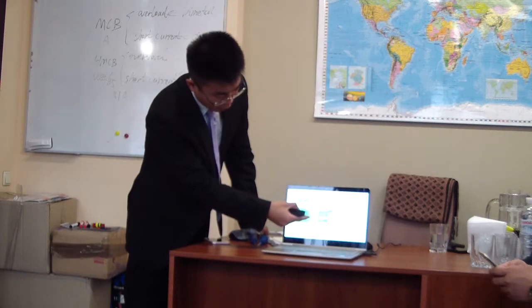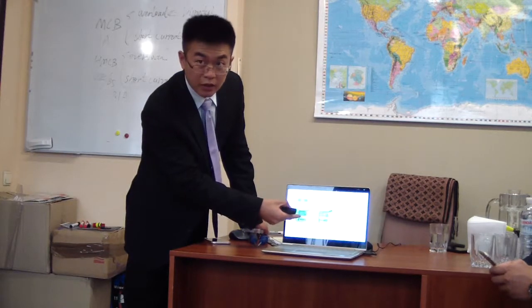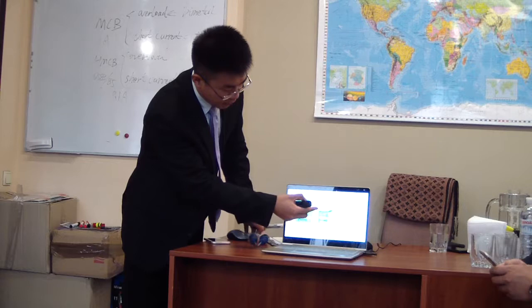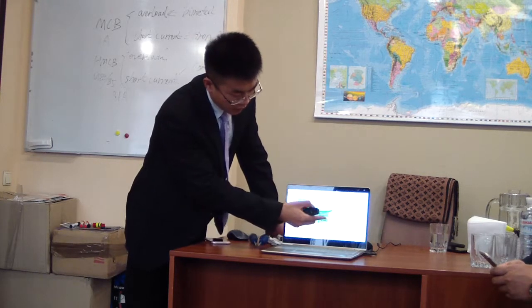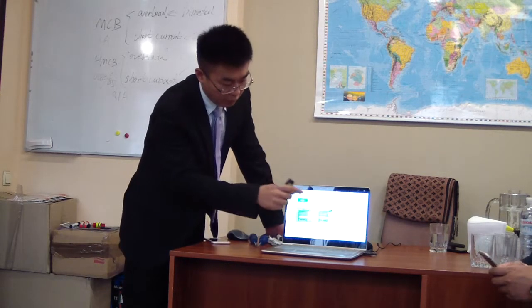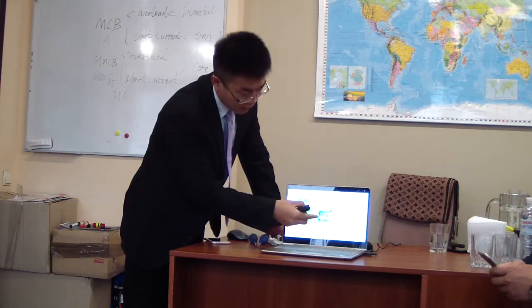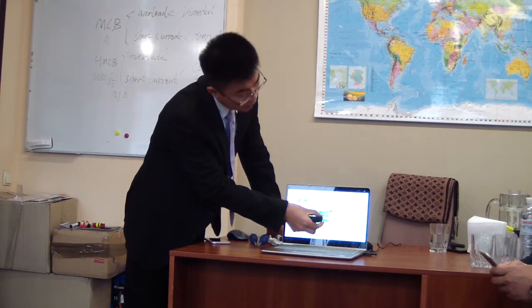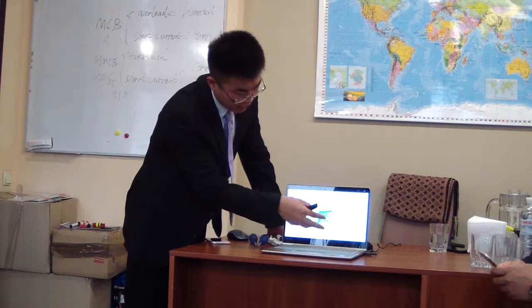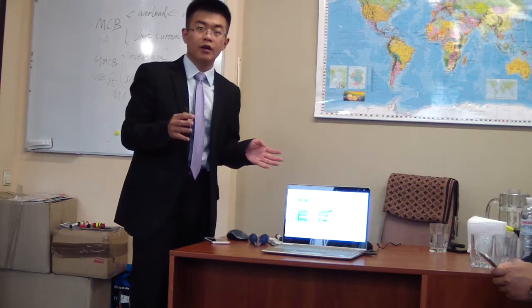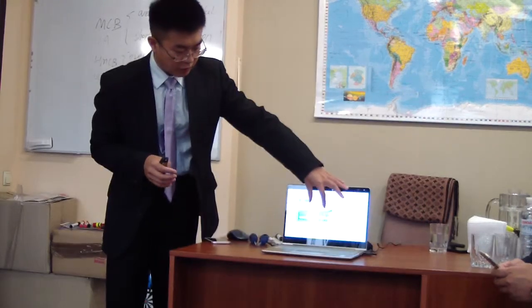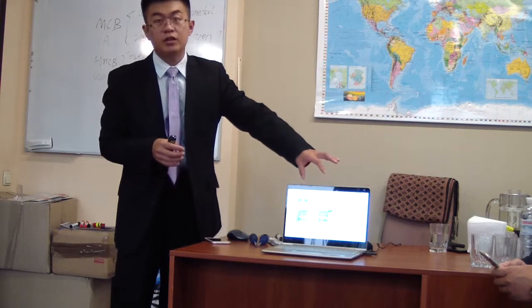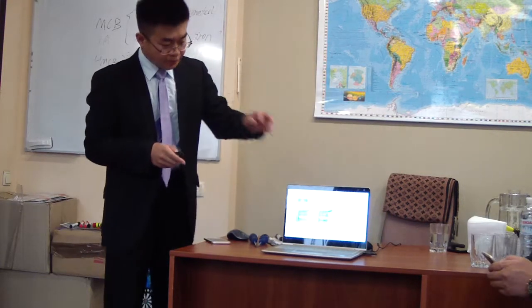But if a short current occurs, the iron core doesn't move. Just through the coil, it can break. Here is the principle of the difference between overload and short current.